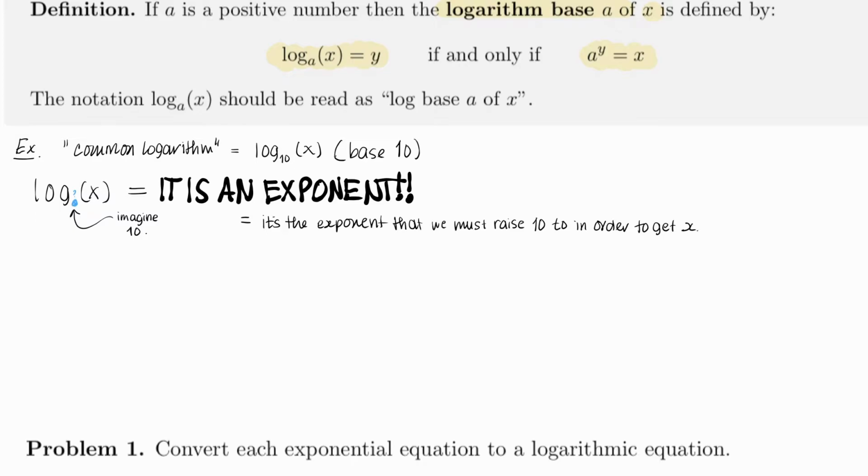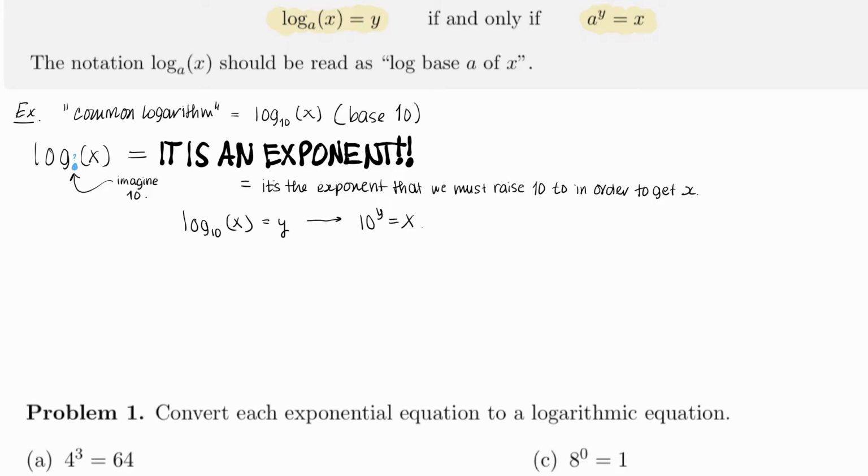What I mean by that is, if log base 10 of x is equal to some number y, this means that 10 to the y is equal to x. So in reality, the logarithm is just an exponent. Another way to write this is 10 to the log base 10 of x is equal to x.